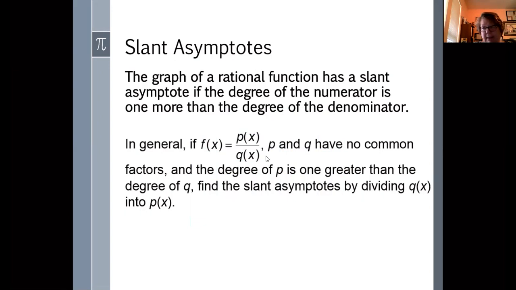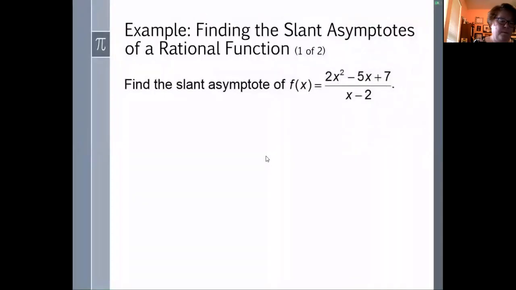All right, so let's find the slant asymptote of this function. And again, I'm having slide delay here. So let me unshare, reshare, there we go. All right, so let's find the slant asymptote.